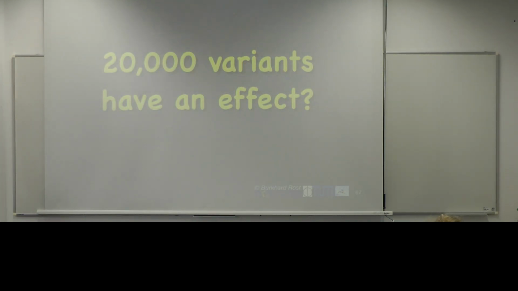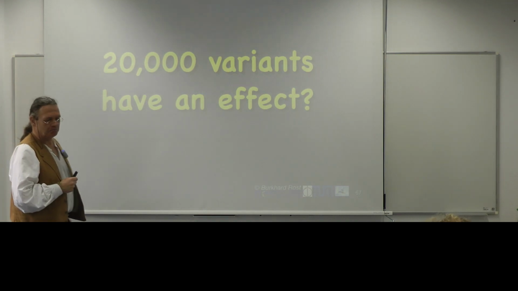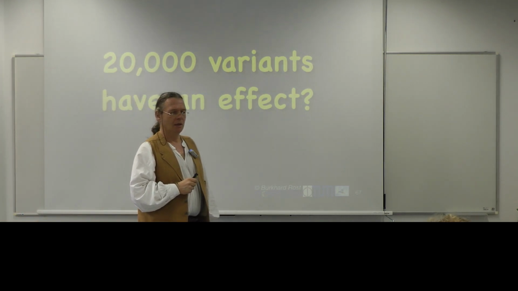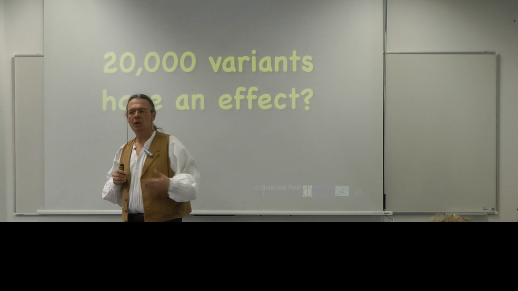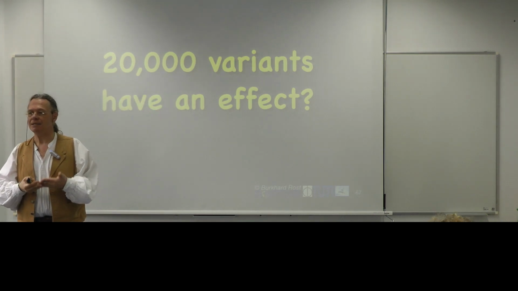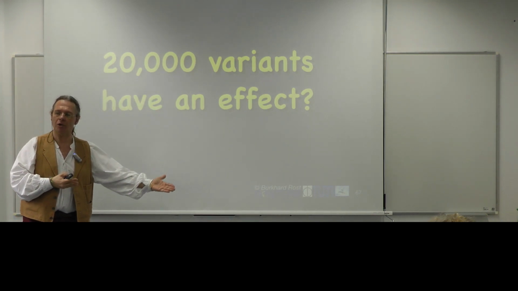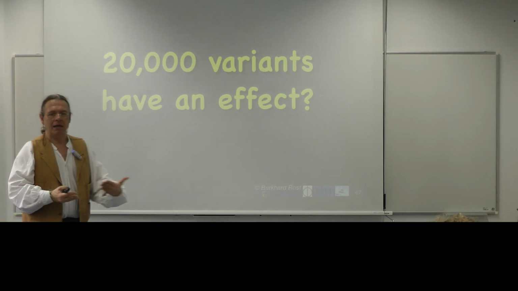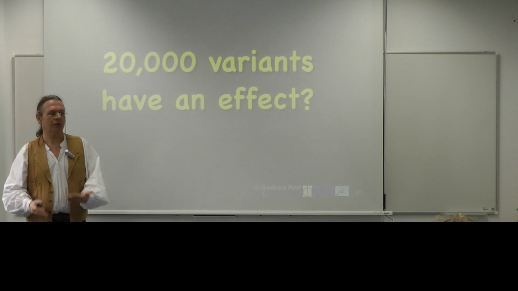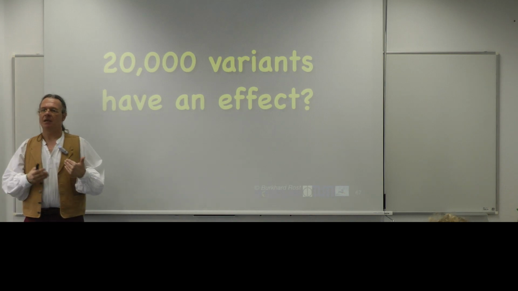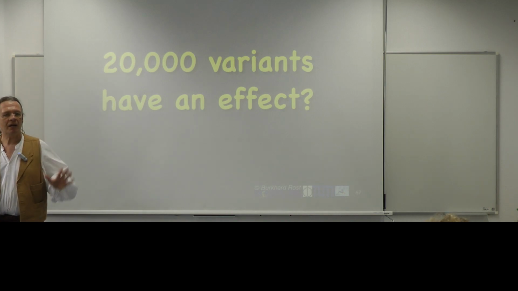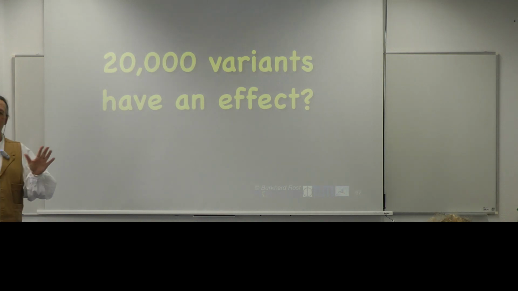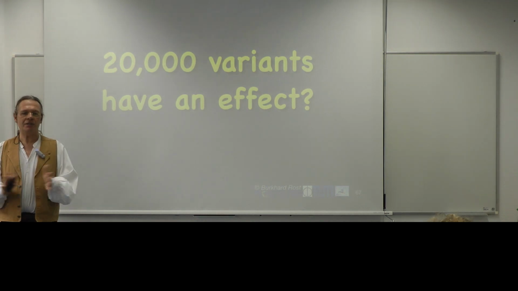Okay, now the next question obviously is, do they have an effect? So we are talking about people here who were healthy as defined by the fact that they walked into a place and could do their genome. So we are all healthy, we are all here. So none of us, let's put it very simply, suffers from a disease that killed them before they were born. It's a very simple definition.